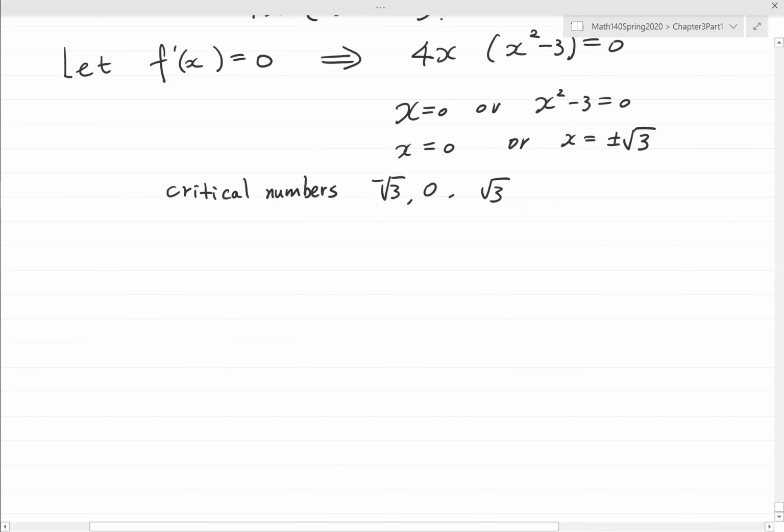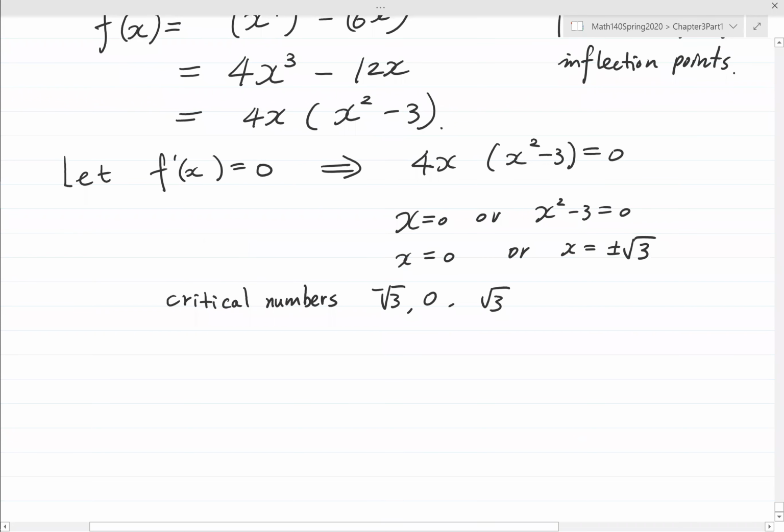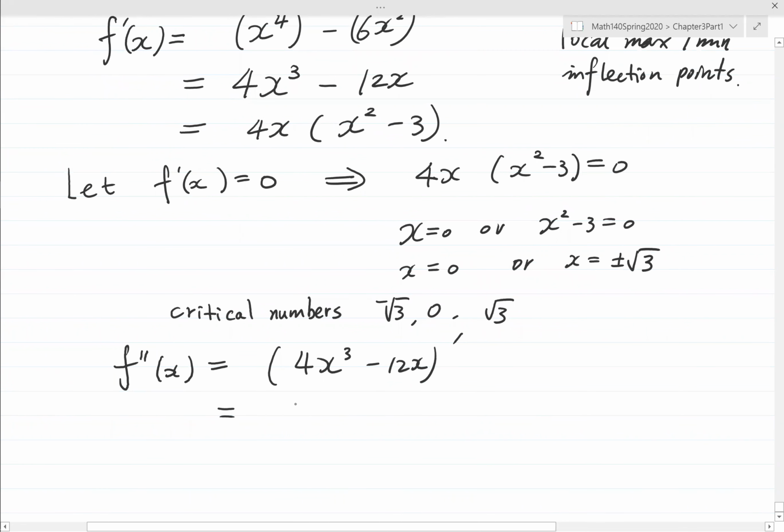Now these critical numbers partition the x coordinate into intervals, and we also need to find where the second derivative is 0. Then take the second derivative. The first derivative is 4x cubed minus 12x, so the second derivative is 12x squared minus 12.